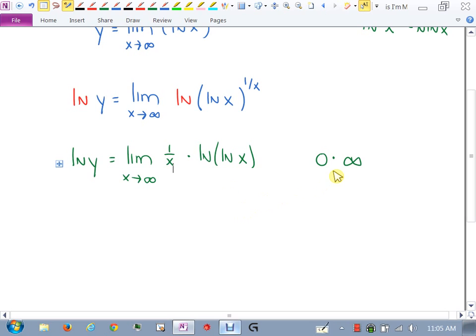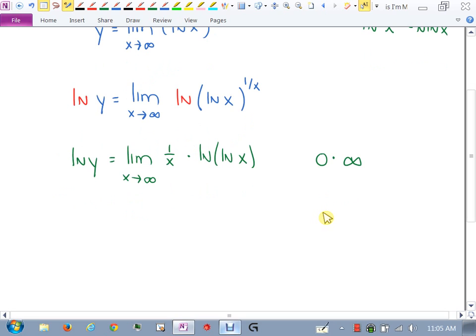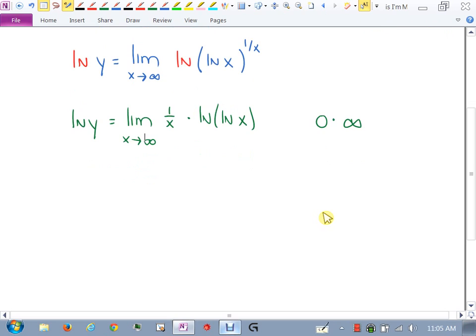When we come in with natural log on both sides and we do this, that form we had up here should always turn into something like this. So I'm rewriting this, preparing it for L'Hopital's rule.